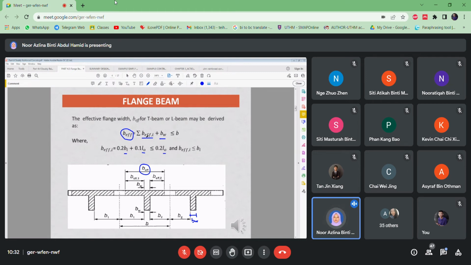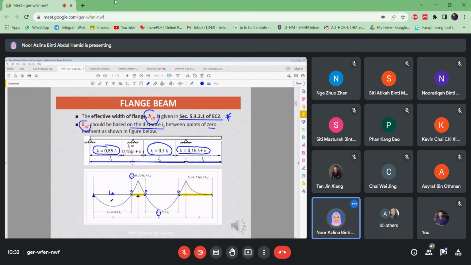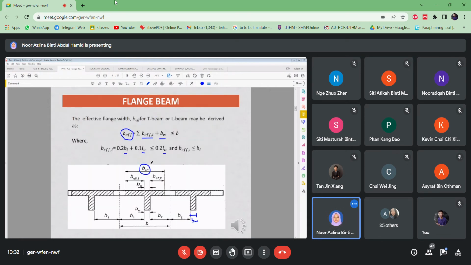Alright, so B effective I is equal to 0.2 BI plus 0.1 LO, which is the L distance. Okay, is it the first or internal or cantilever? Okay, this is what it means by B effective.